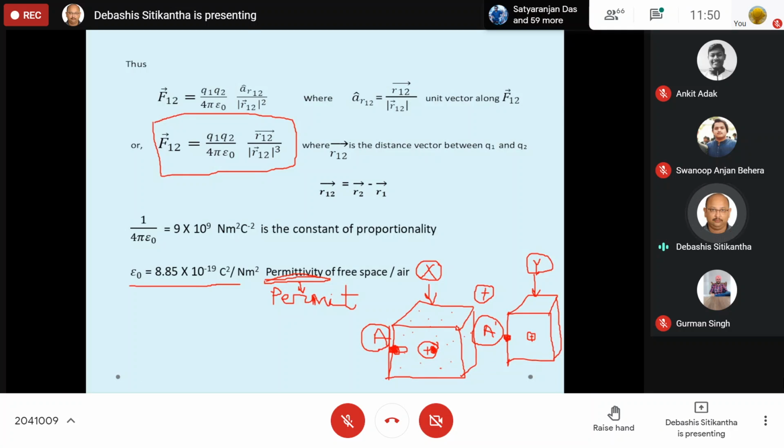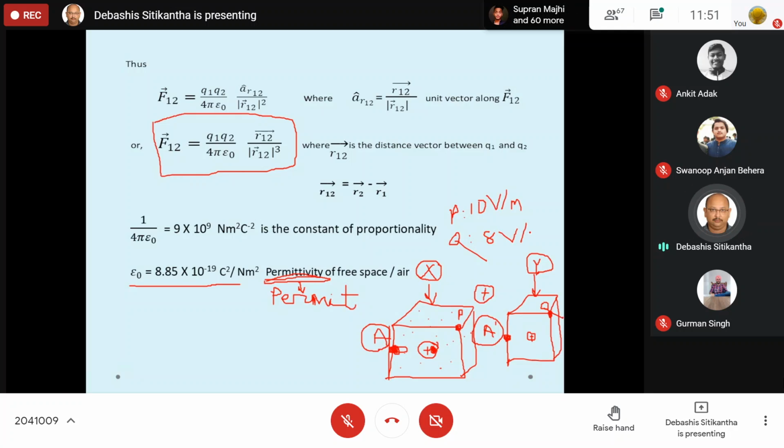Now I want to measure the electric field at this point P, let us say. Suppose at point P I am getting an electric field of 10 volt per meter, so this is the unit of electric field, whereas at the corresponding point Q, I am getting an electric field of, let us say, 8 volt per meter.